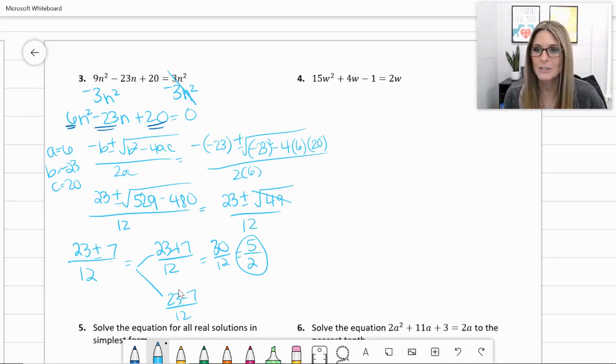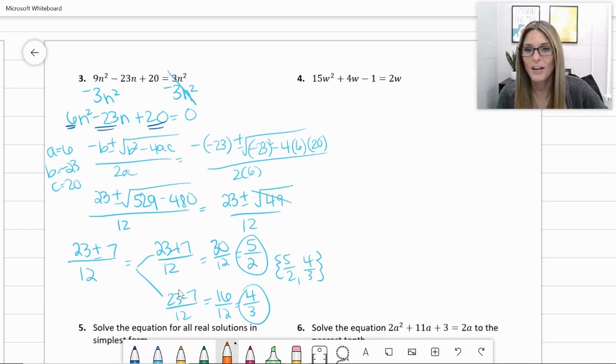So one of my x-intercepts for this related quadratic is crossing at about 2.5. The other expression, 23 minus 7, is going to give me 16 over 12, and again, I can reduce that to 4 over 3, or 1 and 1/3. So our two answers here are 5 halves and 4 thirds. It would be crossing the x-axis at those places if I was to graph this parabola.